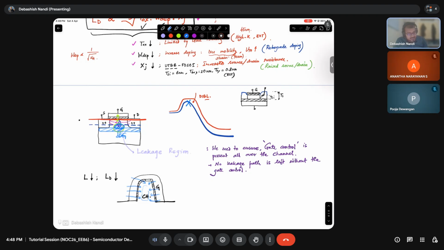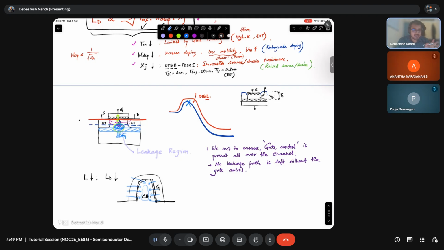So no leakage path inside the channel is left out of gate's control. So that is why covering or surrounding the channel from multiple directions with gate is very important as we go to lower dimensions.